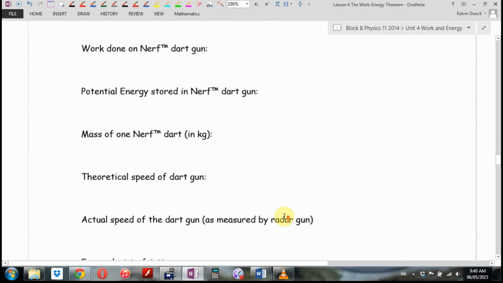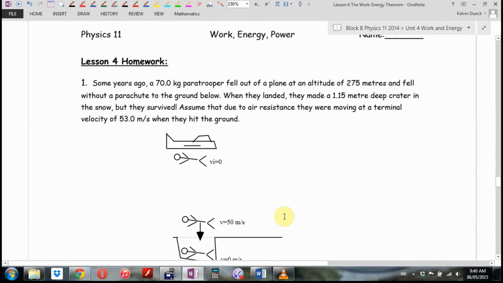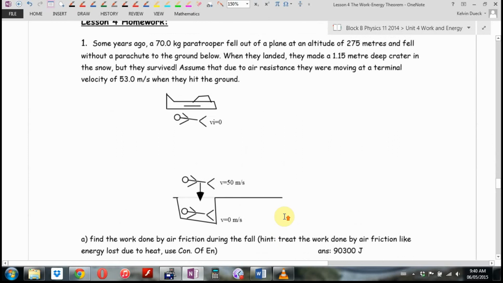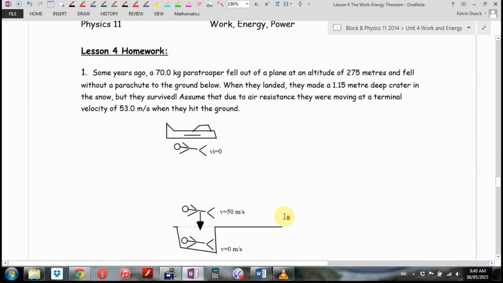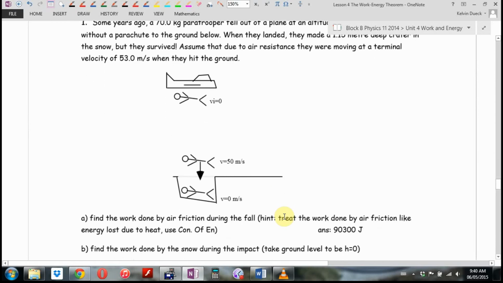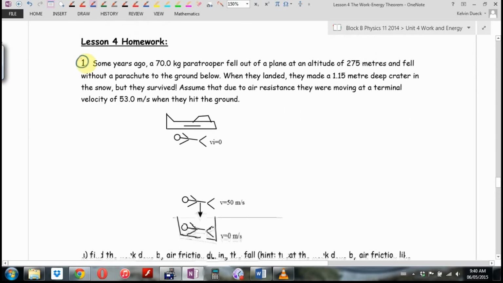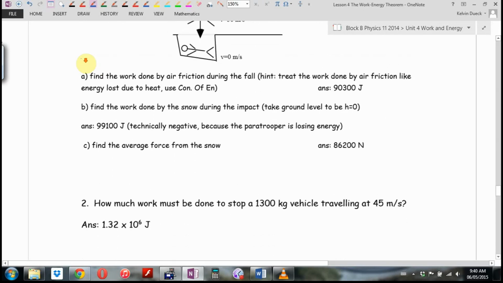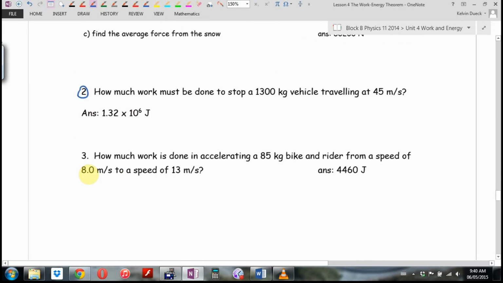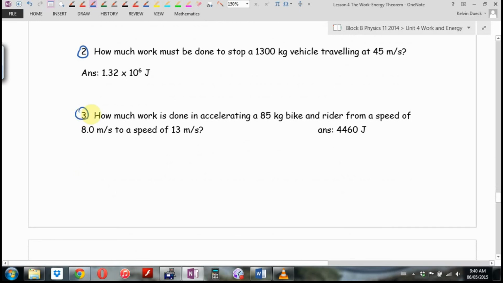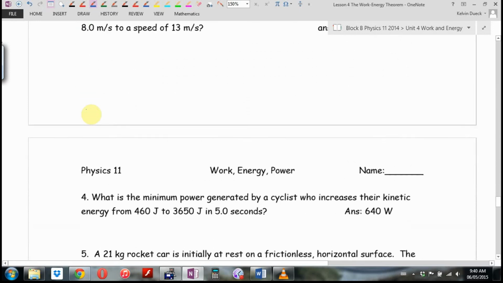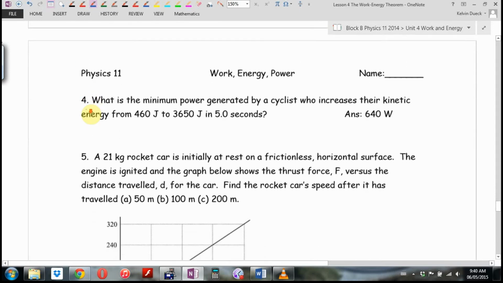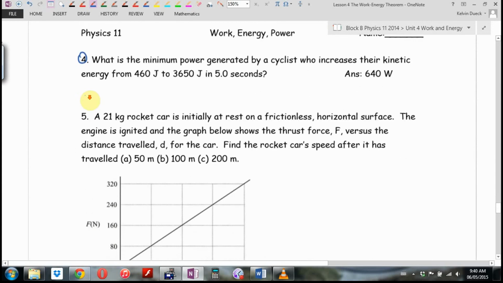I'm not going to get to the Nerf dart gun. Did I have questions here? I do, and I got a cool video. Lesson went a little longer than I planned. See if you can figure out number one. Number one is tricky. Two is more straightforward. Three is good. Four is good.